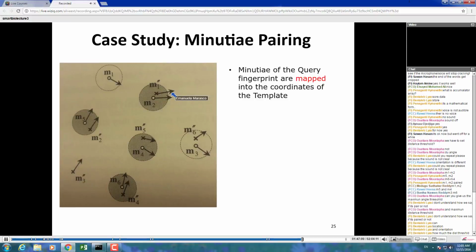There will be a specific value that is not given by me, and you cannot find the value of the threshold in the book. It depends on the application. If you want a more secure application, then you will have less tolerance. If you want an application that is more tolerant, then the threshold will be lower, so more minutia will be matched.